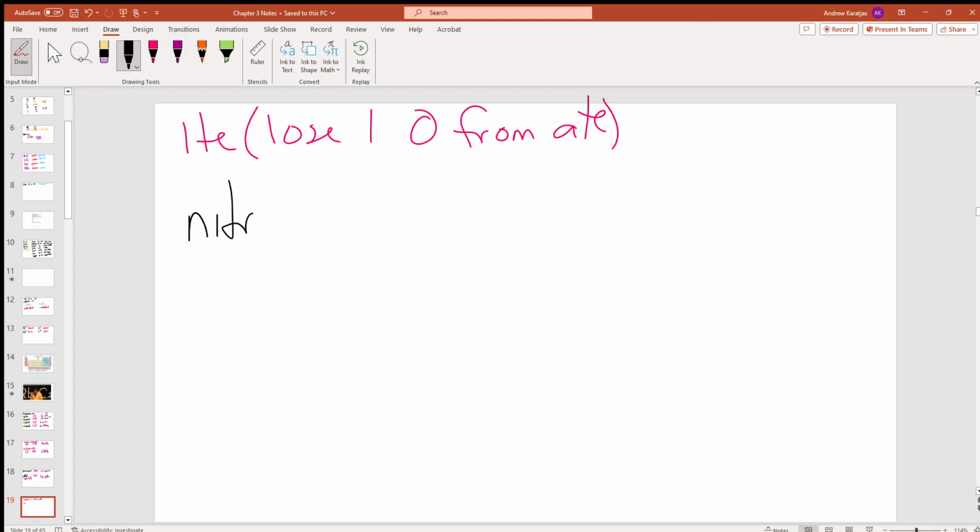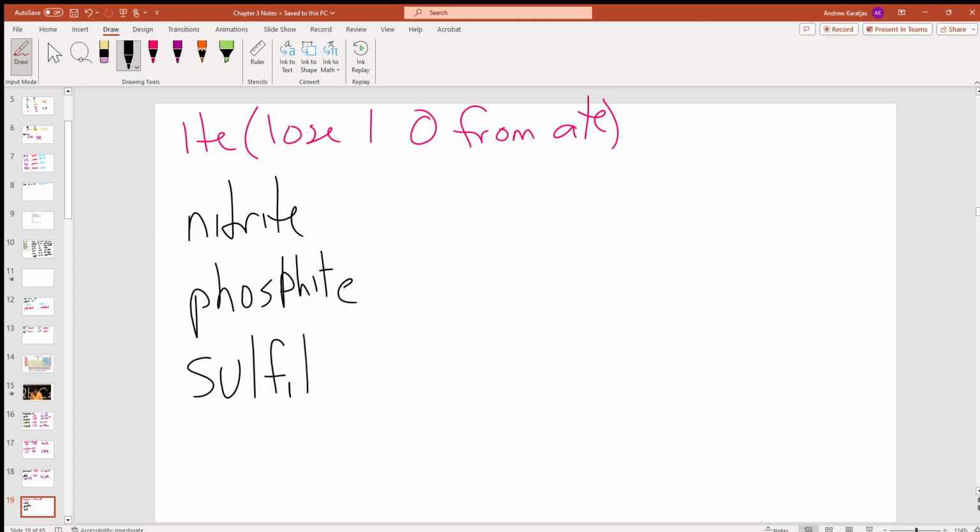So nitrite, phosphite, and sulfite. The charge won't change, just the number of oxygens.